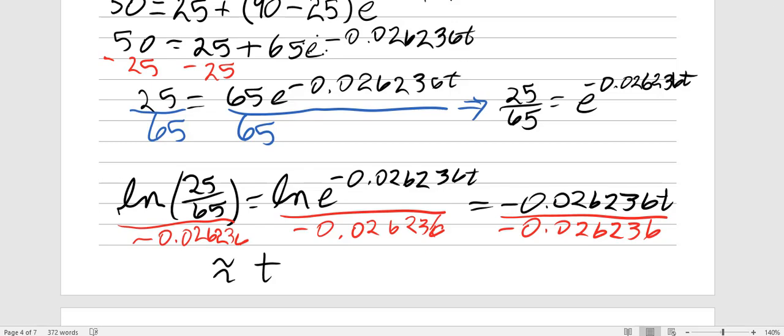And let's do the calculation. And we get an answer that rounds to about 36 minutes.